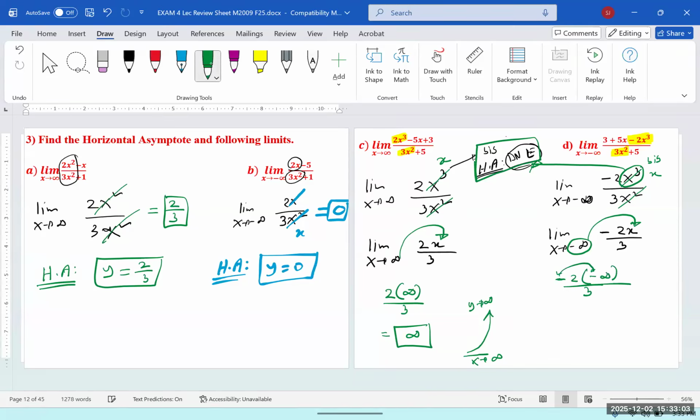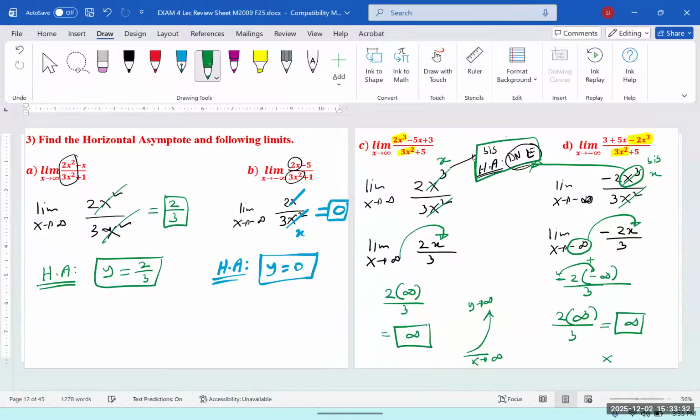Negative and negative turn into positive. So you get positive infinity. So basically you have 2 times infinity over 3, but infinity times any number is infinity. So your answer is positive infinity.